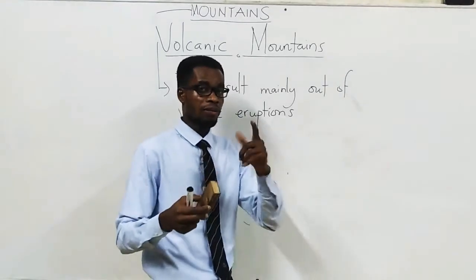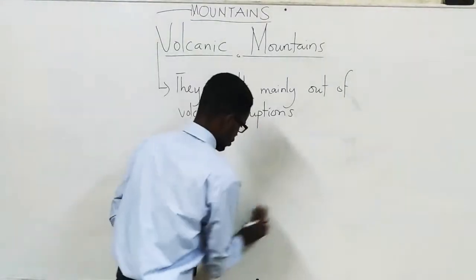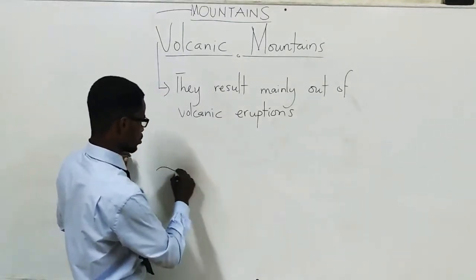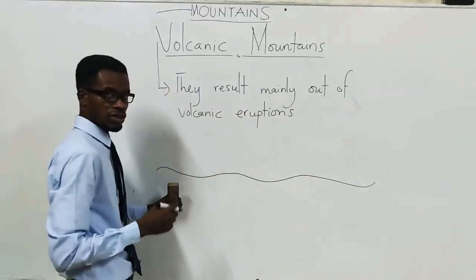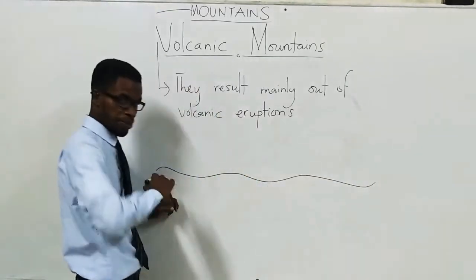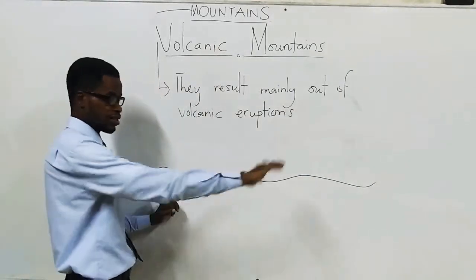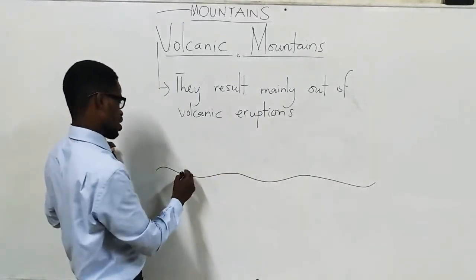That's talking about the magma. So this is what is actually happening. If we want to get a pictorial view, we take this part, the crust. We know it's not 100% plain, which is why I have drawn it this way. You don't draw a straight line and call it a crust.